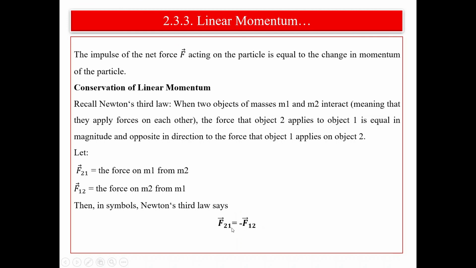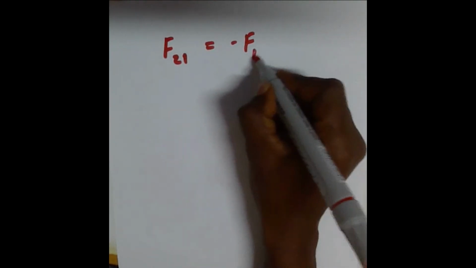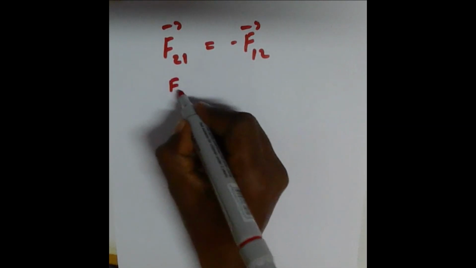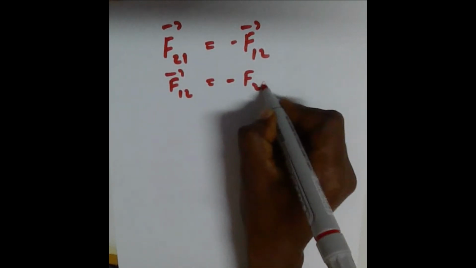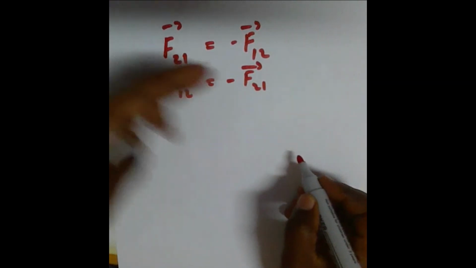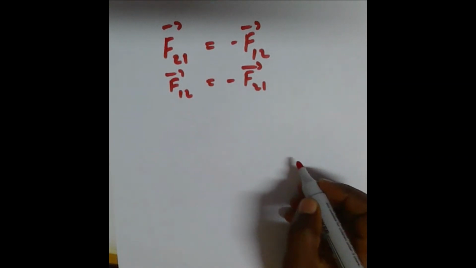So the magnitude of F21 is equal to the magnitude of F12. Okay, we start from F21, which is equal to minus F12, or it's possible to write F12 is equal to minus F21. It's possible to write it in both ways.